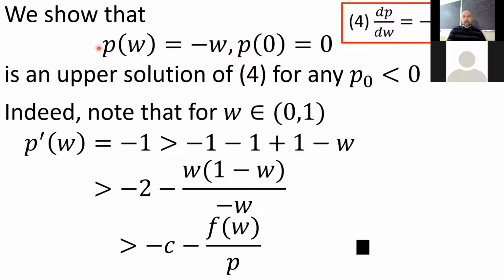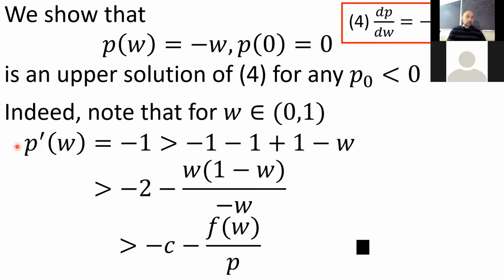I'm going to prove that this function, which is very regular, I can differentiate it with respect to W, and its derivative is minus 1. And I'm going to prove that for W belonging to the interval 0, 1, the derivative of P is greater than the right-hand side of equation 4.